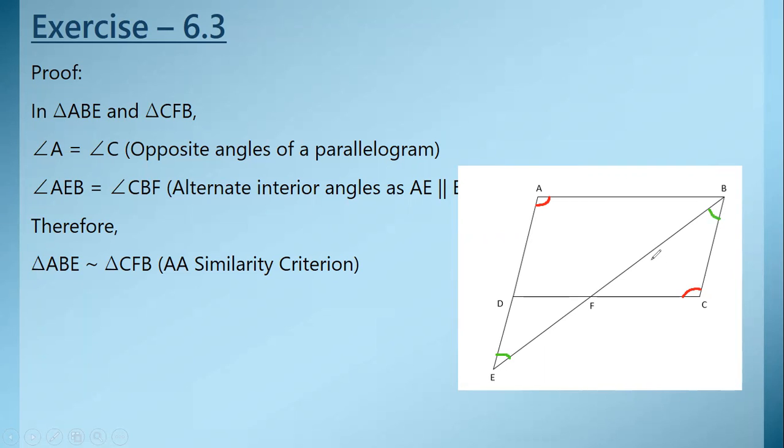These two angles are equal because they are alternate interior angles wherein AE is parallel to BC. We are taking BE to be the transversal. So angle E and this angle B will be equal. So by AA similarity criterion, we can say that triangle ABE is similar to triangle CFB.